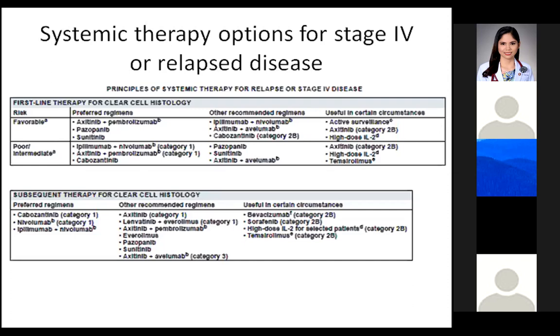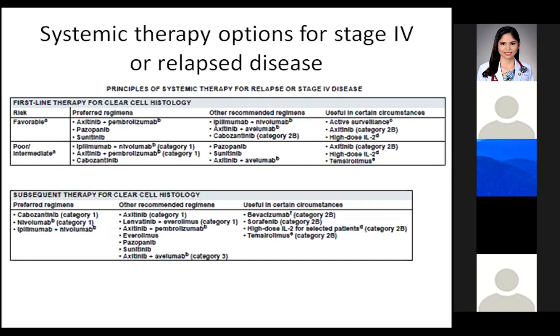So pag sinama mo yung dalawa, yung NCCN Kidney Cancer Panel, they have listed nivolumab plus ipilimumab in combination as Category 1 preferred treatment option for first-line treatment for, ito naman, intermediate and poor risk patients. While yung pazopanib and sunitinib, sa good risk yun. So yun, Category 1 din siya na recommendation.